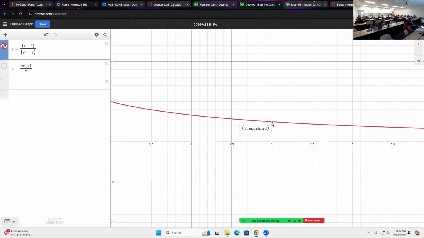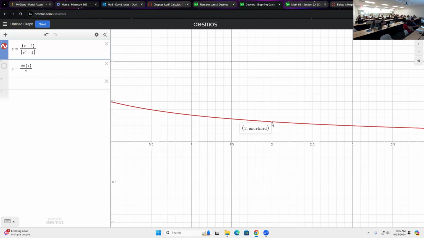Notice what happens when I put in 2. It's undefined. But just because it's undefined doesn't mean that's not the limit. The limit is what it looks like as we're getting close to it, not what the value is when we're at it. Like, how high up are we on the Golden Gate Bridge as we get closer to the hole, not how high up are we if we try to stand over the hole.